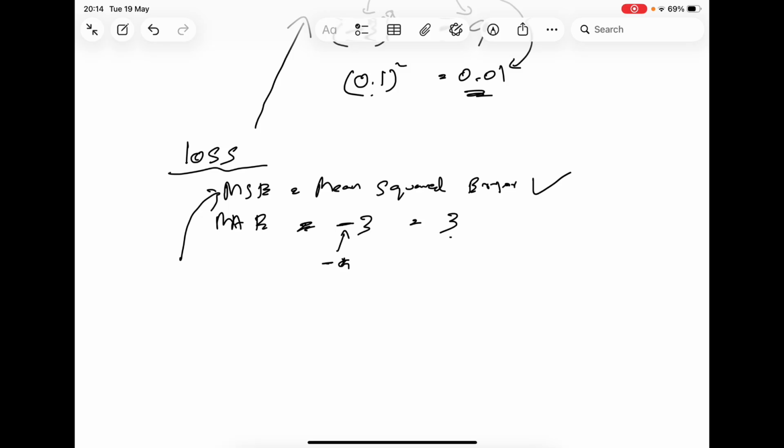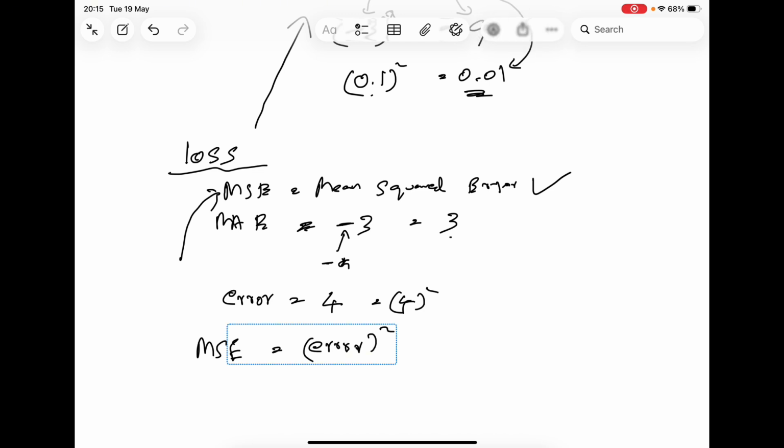In mean squared error, if the error is, let's say, 4, we square that error. So basically the MSE loss function means the square of our error. That's mean squared error in simple terms.